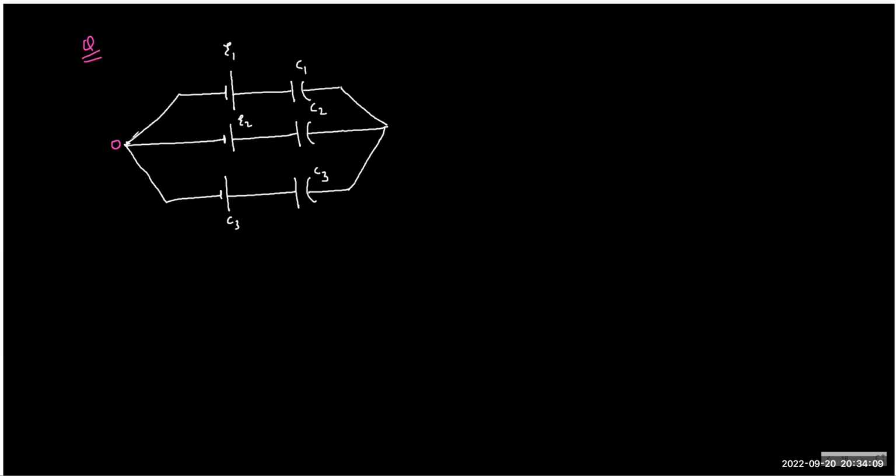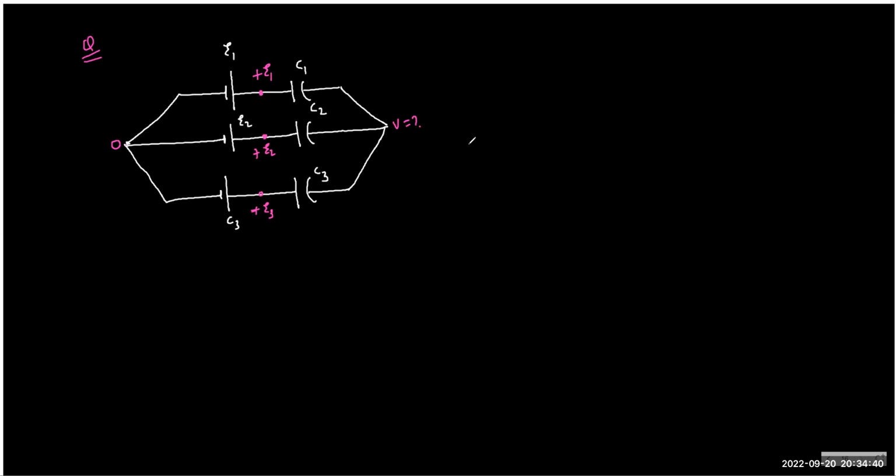The benefit is, if you go from here to here, 0 plus E1 is here. This is plus E1, this is plus E2, and this is plus E3. So we are able to get the potential of one end of each capacitor, isn't it? And you are missing only the other end, which is common.